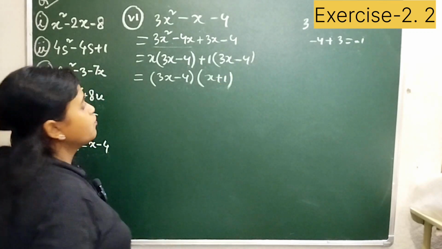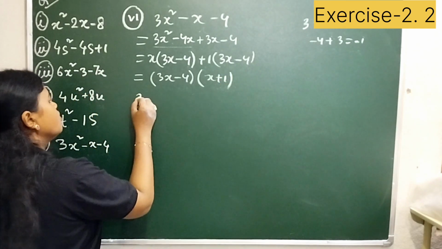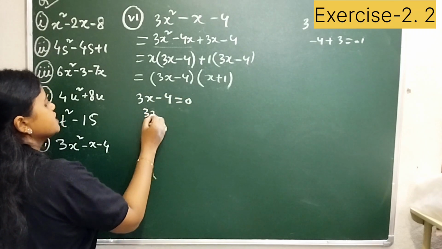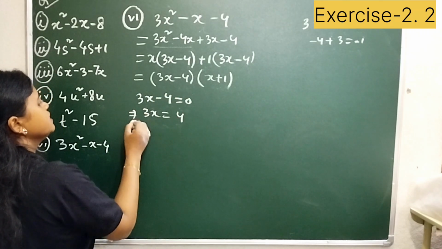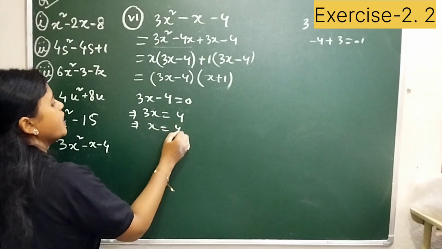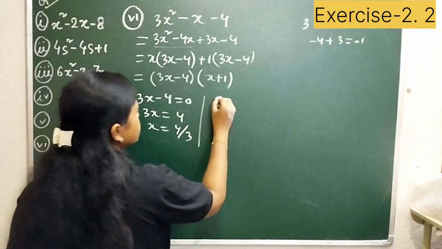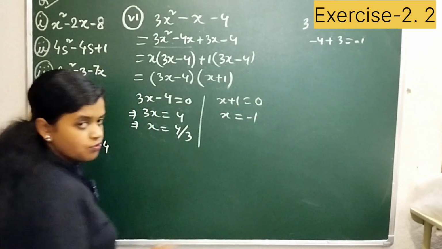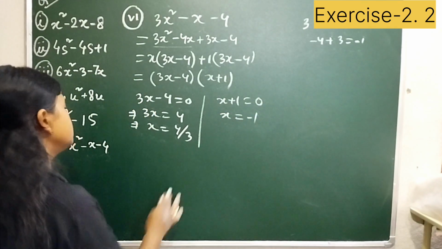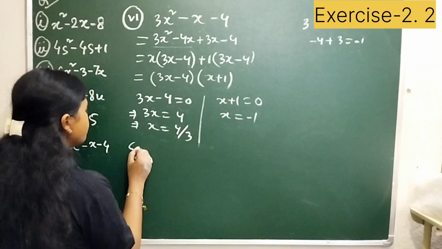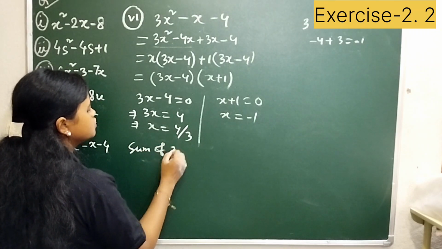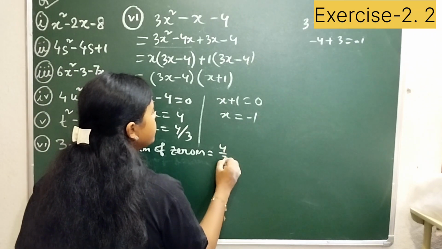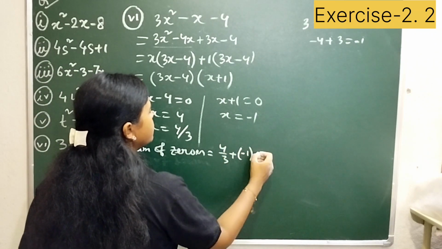To find the zeros of the polynomial, we write 3x minus 4 equal to 0. So 3x equals 4, that means x equals 4 by 3. And from x plus 1 equal to 0, we get x equals minus 1. Now we have to find the sum of the zeros. 4 by 3 plus minus 1.